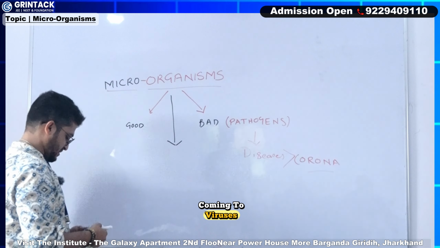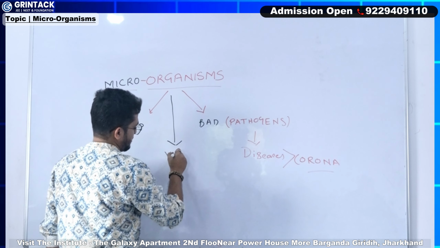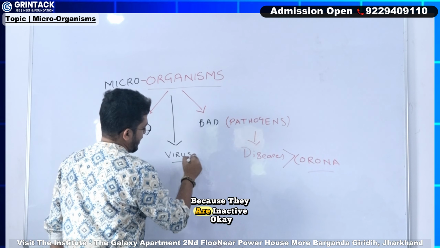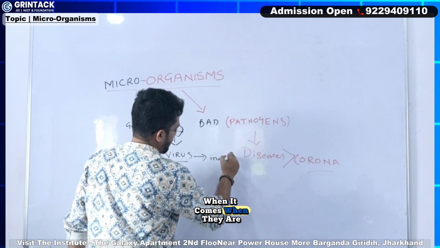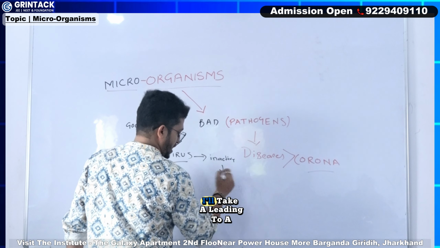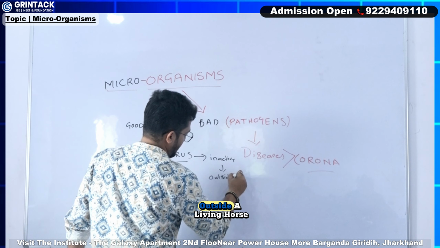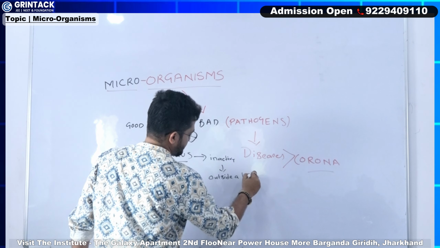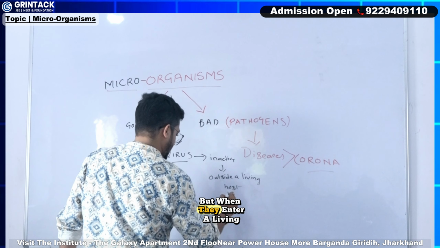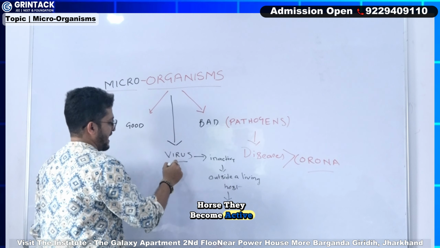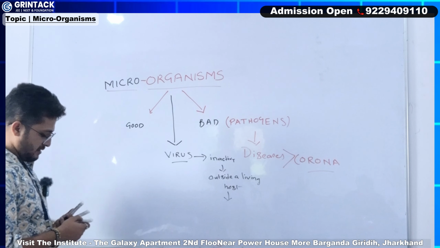Coming to viruses. Viruses are very interesting things, because they are inactive when they are outside a living host, but when they enter a living host, they become active and start multiplying.